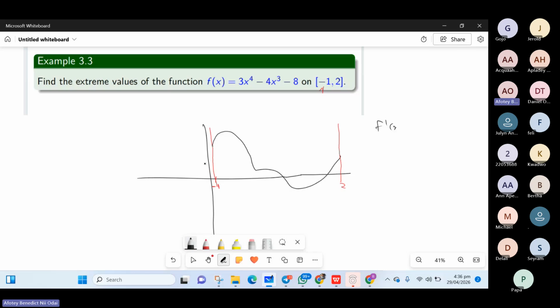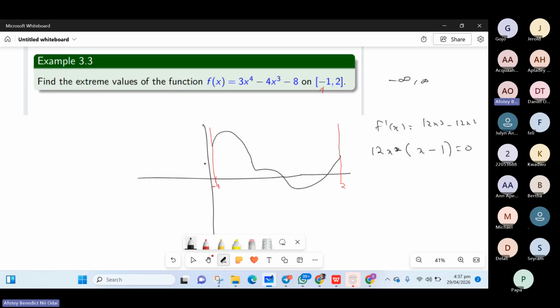So we find f prime of x being equal to 12x cubed minus 12x squared. We want the values that make it 0 or undefined. For any polynomial, the function is defined from negative infinity to infinity, so there are basically no points where this function is undefined. So we can factorize this as 12x squared, then we have x minus 1, and of course, this is equal to 0.